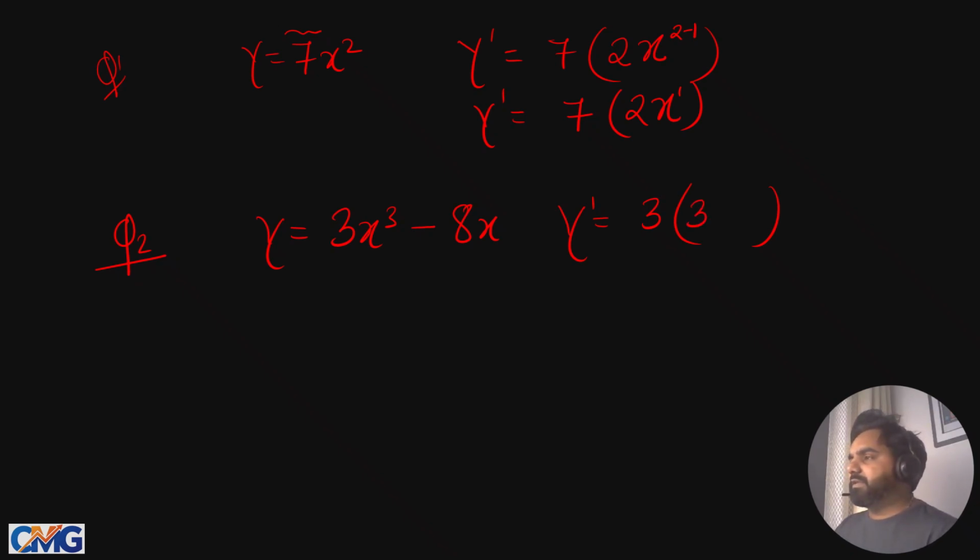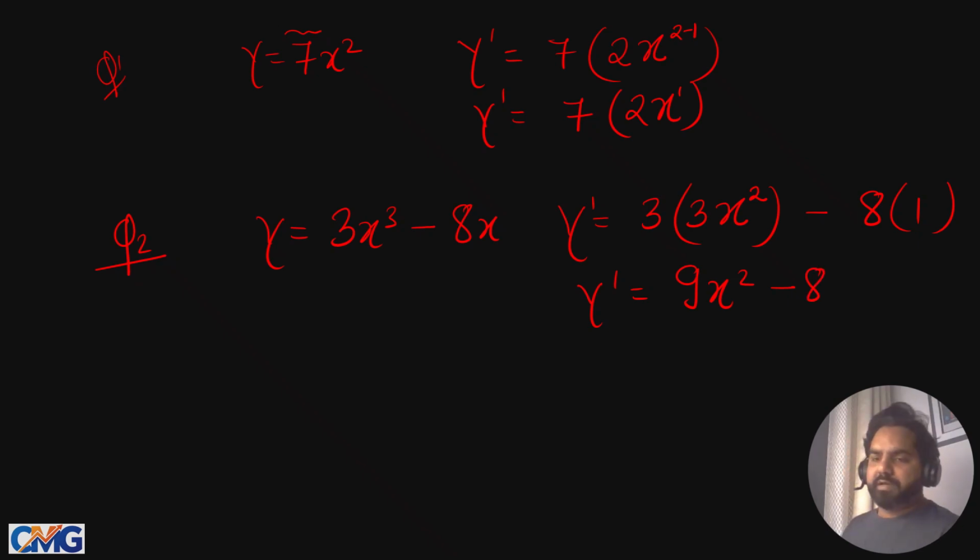So 3 will come in the front and the power will get reduced by 1, so it will be 3 times 3 x square minus, we don't have to do anything with 8, and always remember the differentiation of x is 1. I will show you later how it's becoming 1, but for the time being, remember it is 1. So the answer for this is 9x square minus 8.